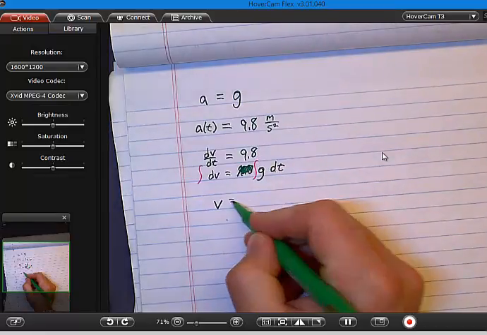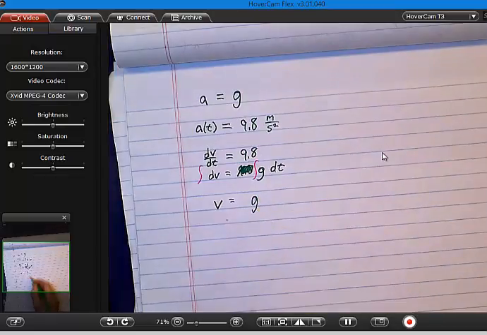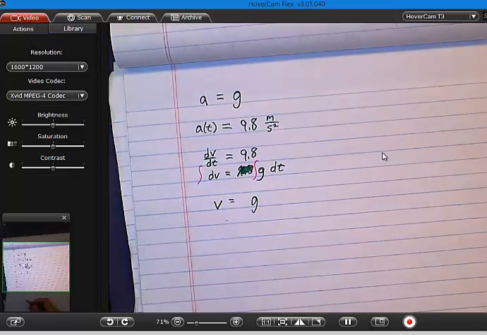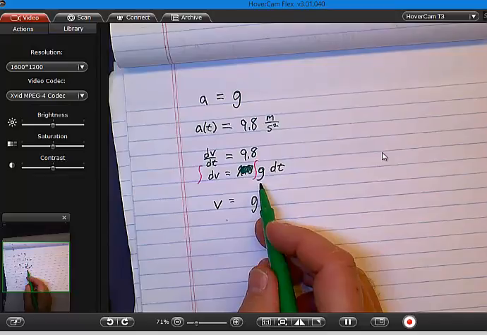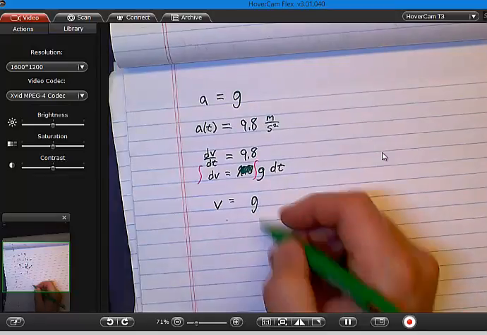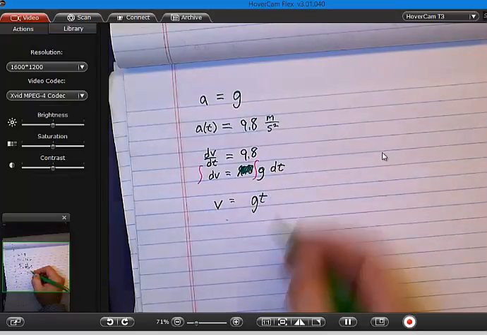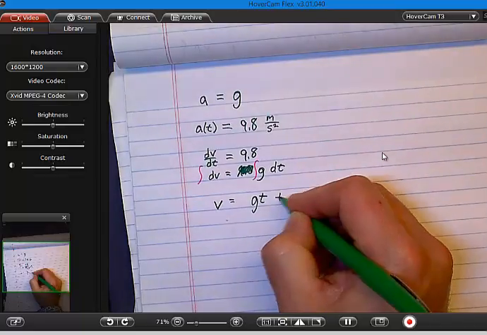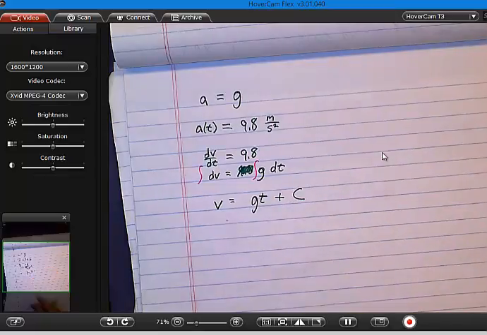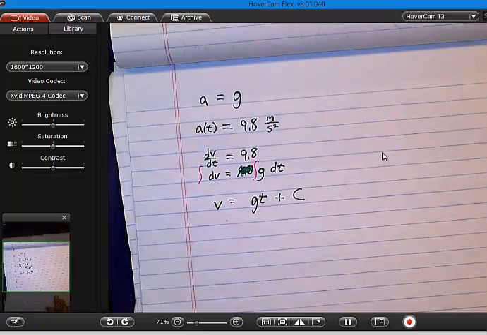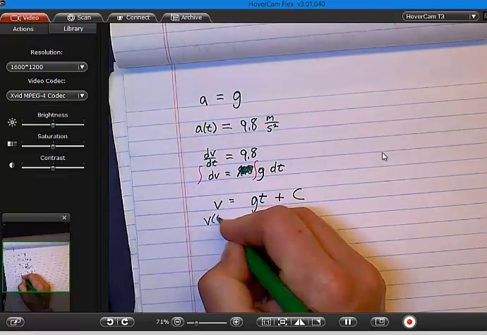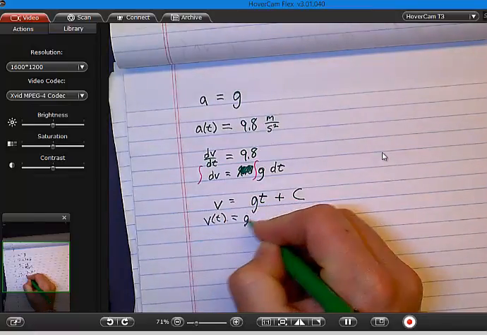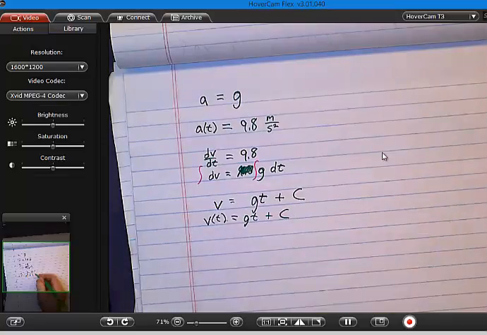So what's the antiderivative of g with respect to t? gt. Oh, wait a minute. What do I need to write? Plus a constant. So what this says is the velocity at time t you can get by doing gt plus some constant.